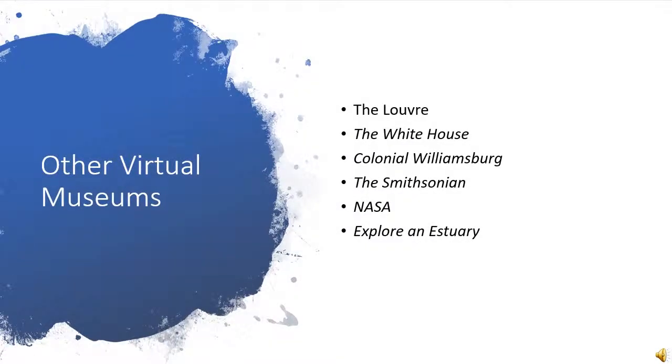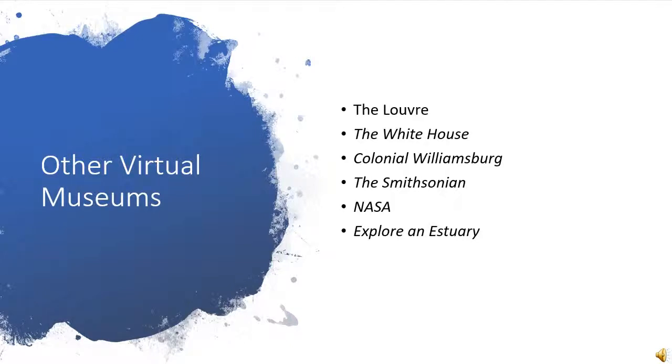As I completed my research on virtual museums, I found that there are hundreds of them available for you to explore. Other virtual museums include places like the Smithsonian, NASA, the White House, and Colonial Williamsburg. These are all interesting topics that could be incorporated into any classroom. I could see NASA being incorporated into a math or a science class.